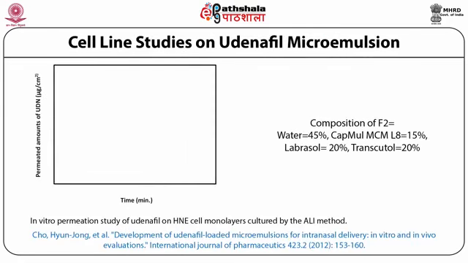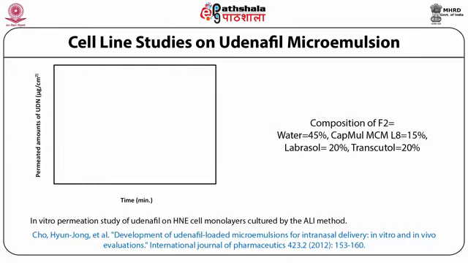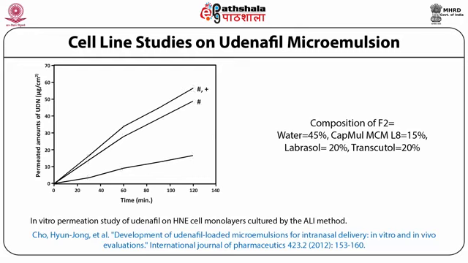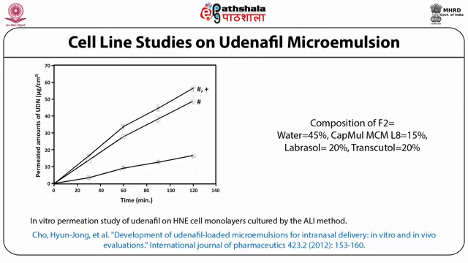In another example, where the permeation of Udenafil microemulsion across Caco-2 cell monolayers was examined, the results suggested that the microemulsion based delivery system shows maximum permeation across these cell lines as compared to the control samples.